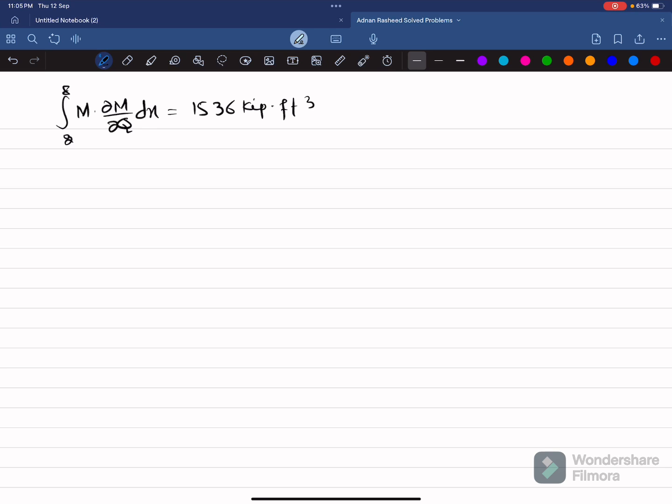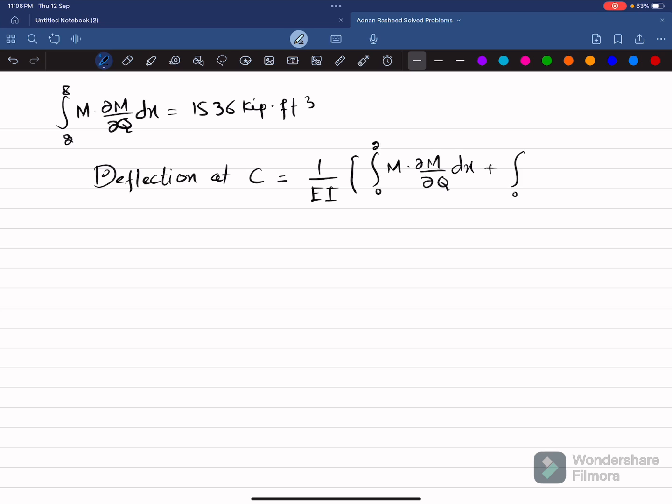Now we will find the deflection at point C. So deflection at C is equal to 1 over EI into the integral from 0 to 2 of m into partial m over partial q into dx plus the integral from 0 to 8 of m into partial m over partial q into dx.